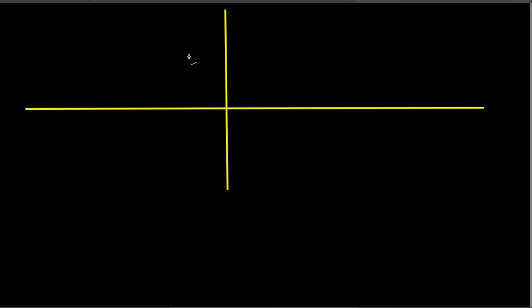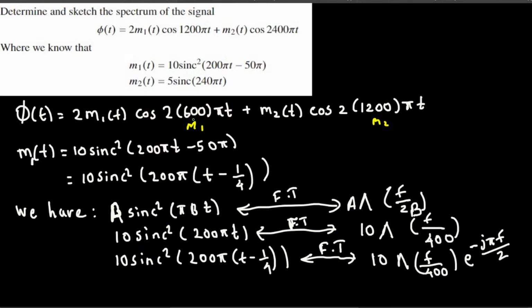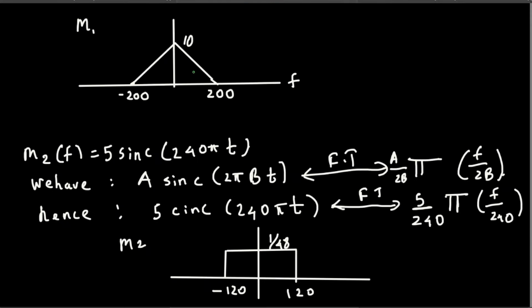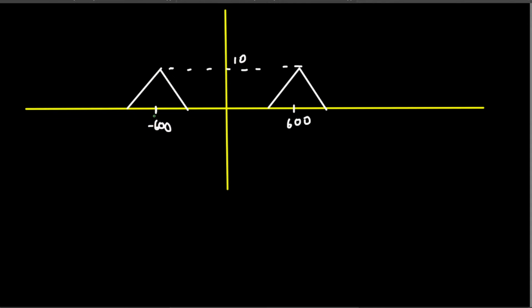It is located at 600, with negative and positive sides. The height here is going to be 10, and the range here is minus 200 to 200, so 200 on each side from the center of 600. That is for the triangular shape, m1.